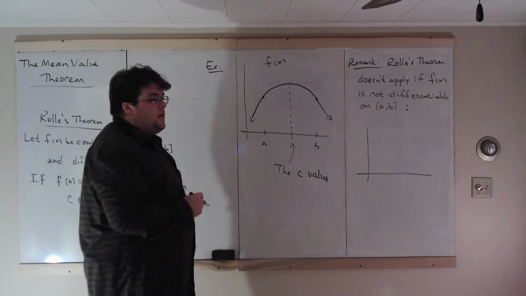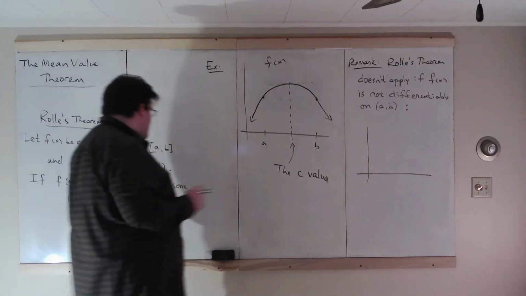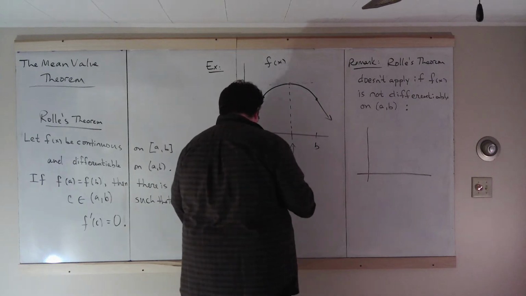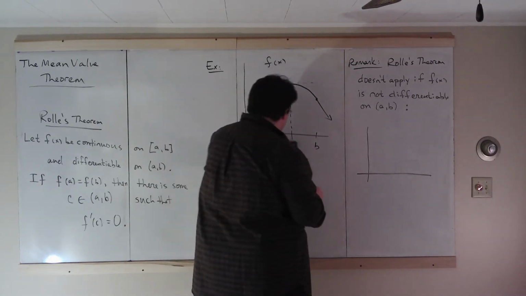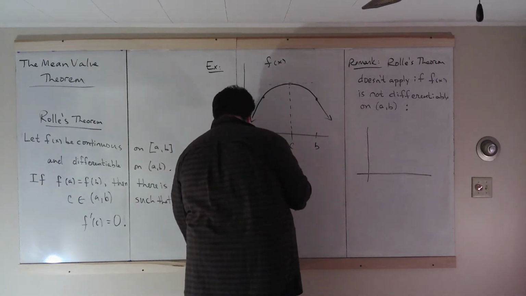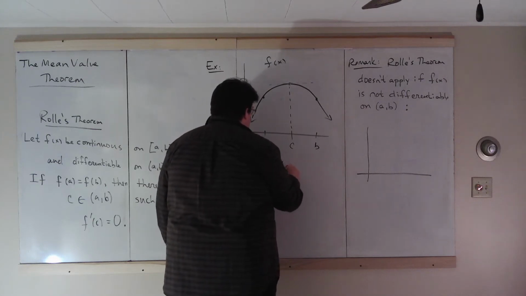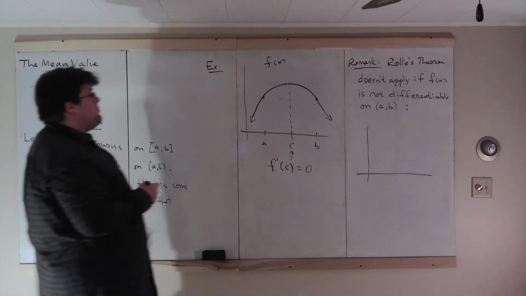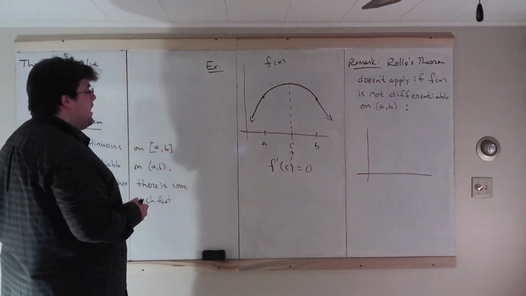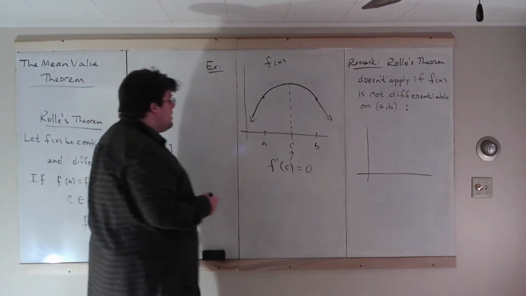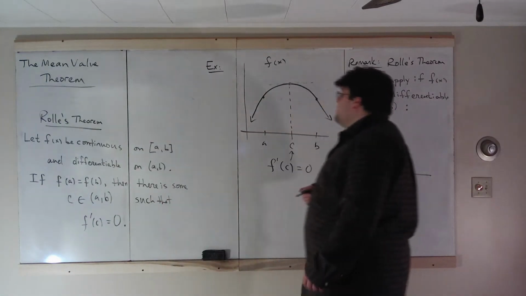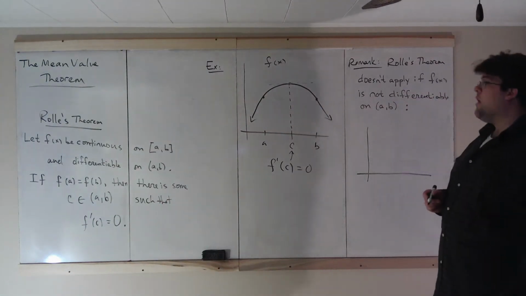Let's call it c. f prime at c equals 0 at that x value. So right there, in this curve, there is some c value where the derivative is 0.